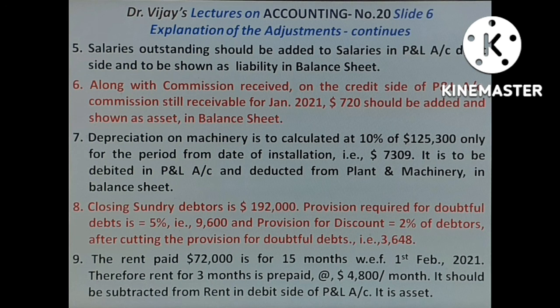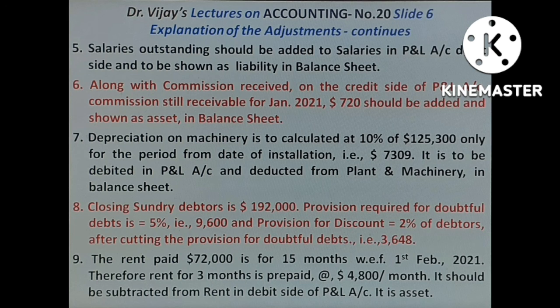Then provision for discount is 2% of debtors. That 2% we have to calculate only after subtracting the new provision for doubtful debts from the sundry debtors. That is 2% of 1,92,000 minus 9,600 is to be calculated. That will come to 3,648.